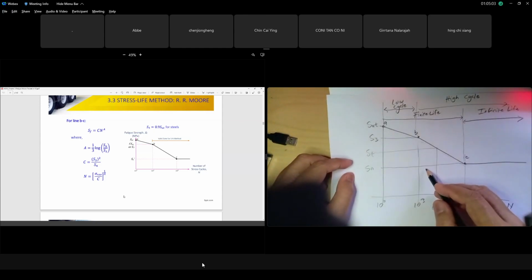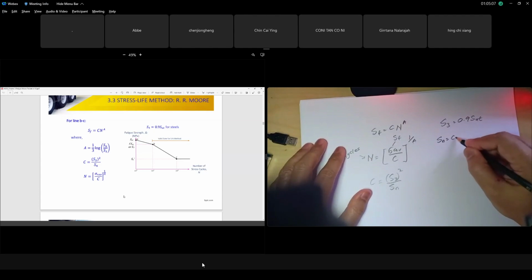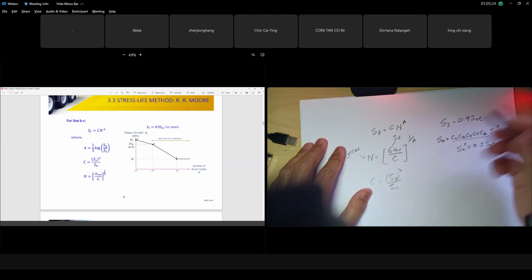In our case we have to adjust with modification factors CL, CG, CS, CT, CR, and your SN prime. We know that SN prime is 0.5 of your tensile strength SUT. You can get it, and the modification is straightforward. You can get it from the table.